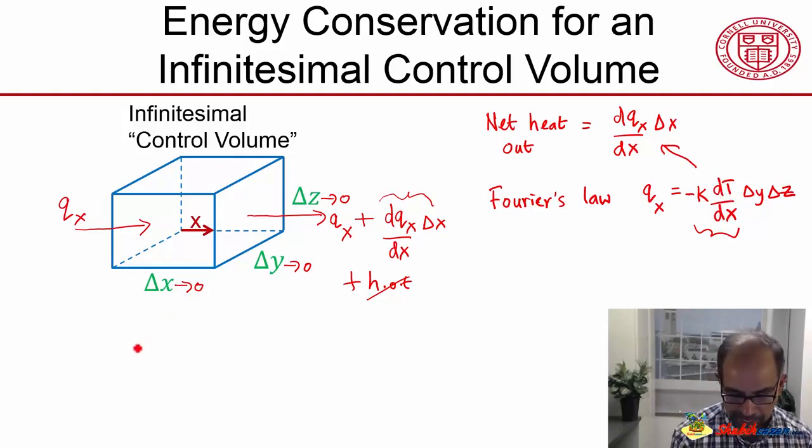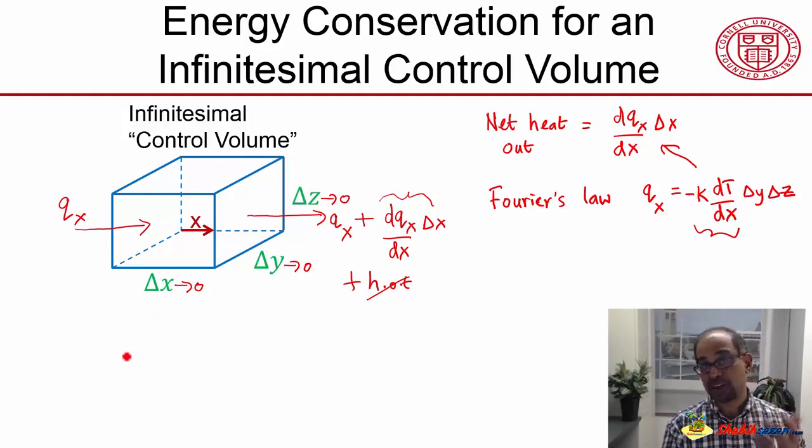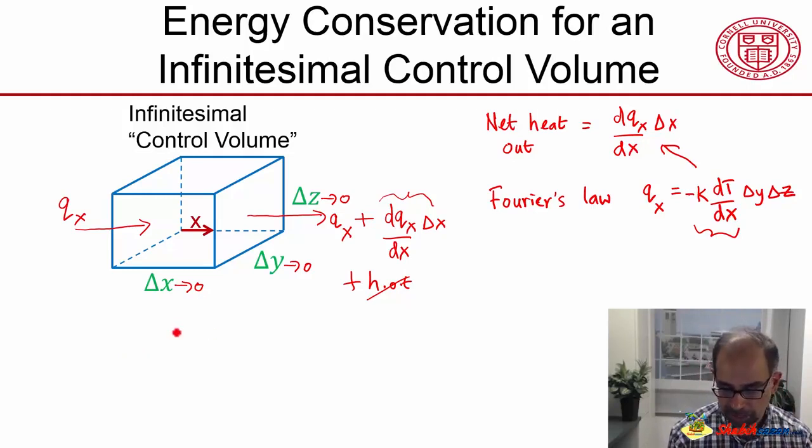The purpose is not to derive this rigorously, but to do it intuitively so that you get a sense of the physical significance of each term in the equation. So you're going to get a term that looks like minus k d squared T by dx squared, times delta x, delta y and delta z.